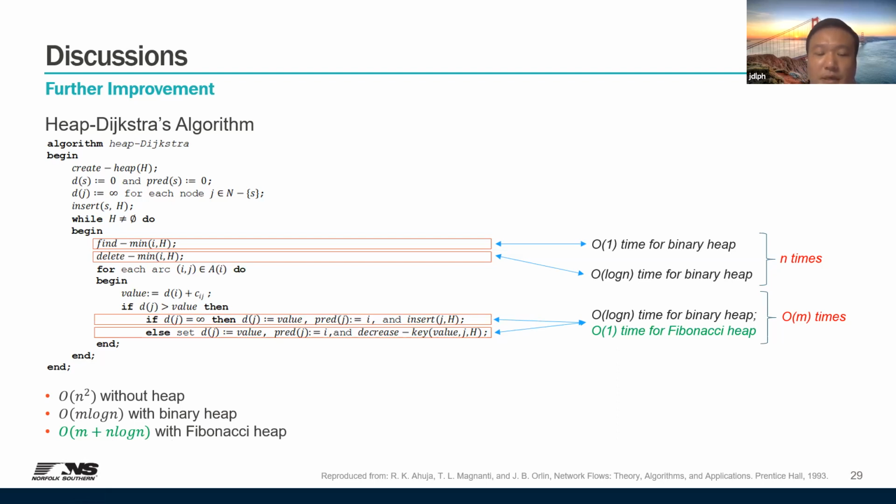But the problem here is that the Python standard library doesn't have a built-in Fibonacci heap. And if you want to implement it from scratch, it is more complicated than implementing the shortest path algorithm here. So do you still want to give it a try?